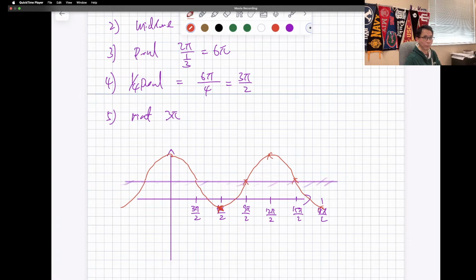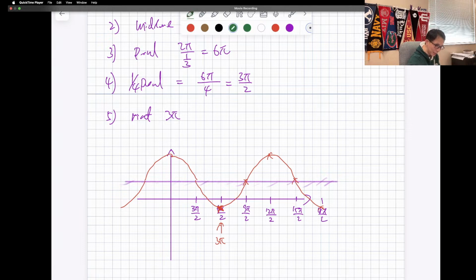Is that minus? This is 3 pi here. Did you start with the sine graph instead of the cosine graph? 3 pi is 6 pi over 2.